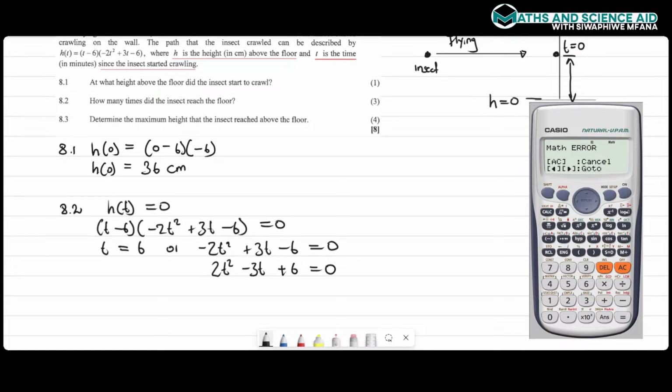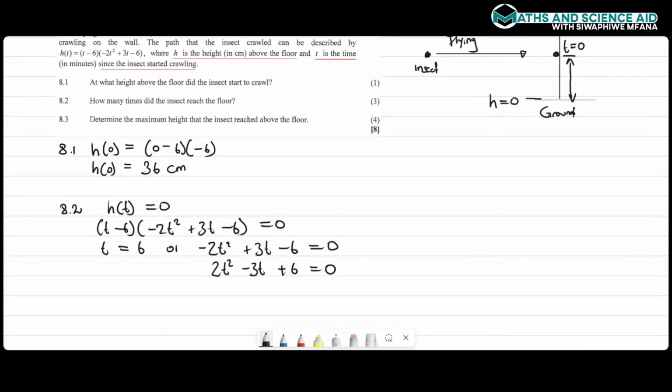So this simply means that this equation cannot be equal to 0, guys. That's all it means. And therefore, we only have one x-intercept at t equal to 6, meaning that this insect is only going to reach the floor once, when the time is equal to 6 minutes.